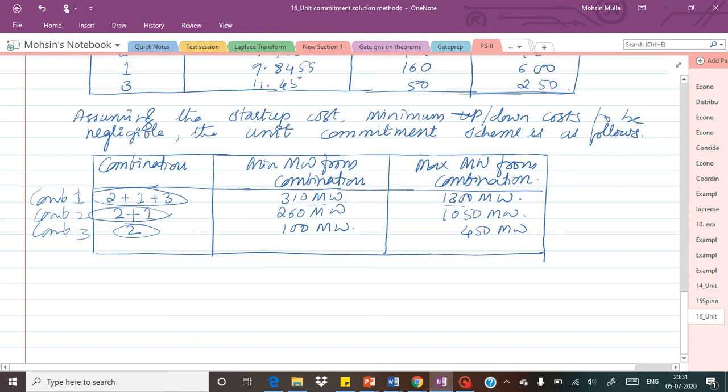When the load is between 260 and 1050 megawatt, only units 2 and 1 are sufficient to supply that load. And when the load is very low, like 100 to 450 megawatt, only unit number 2 is to be committed. Okay, so that is how we determine the unit commitment problem here.